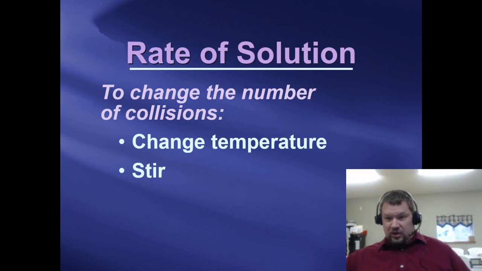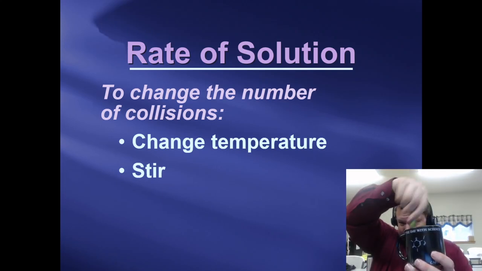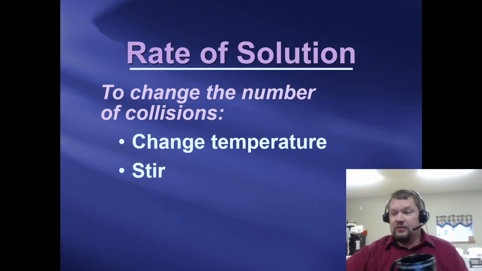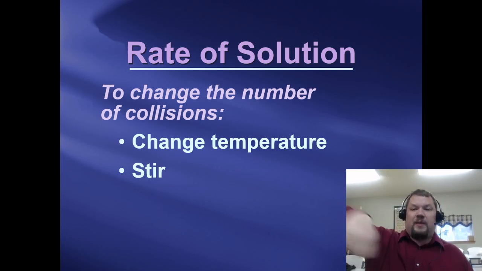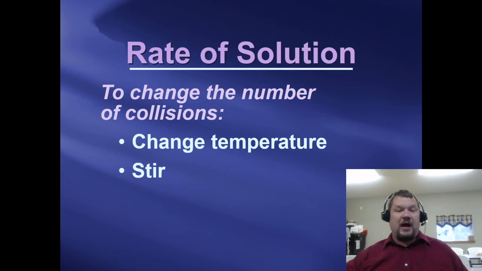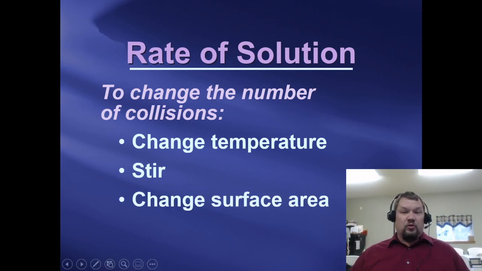Stir. Get your cup and stir. A lot of times we stir things to try to get things to dissolve, and that's common because that's providing that molecular energy, that kinetic energy, to stir the pot. You can break it up.